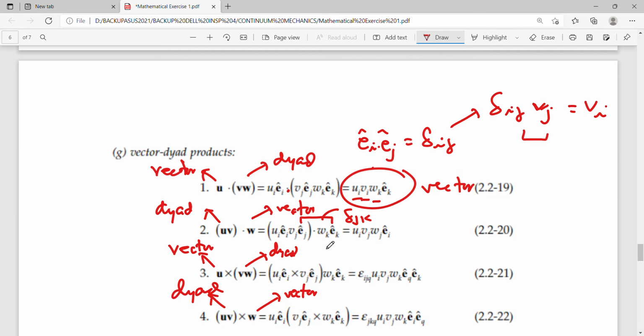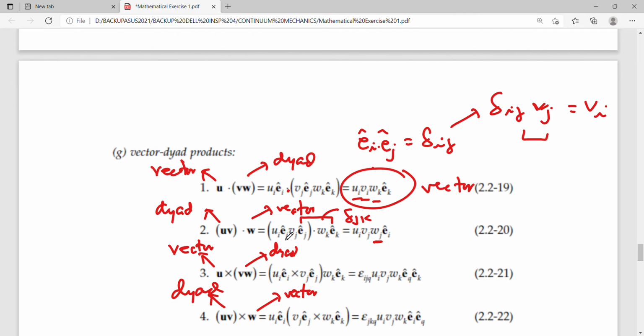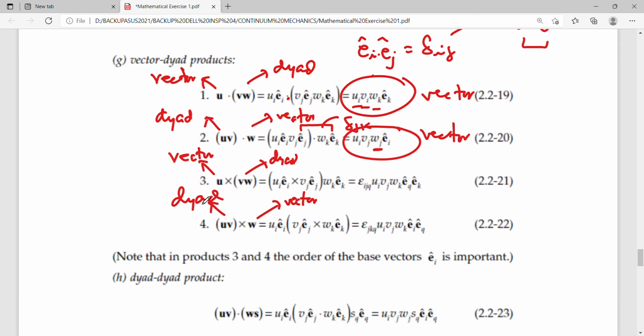So I will now contract K and K, so I have a WJ there. And I retain UI VJ, and then this is the EI that is actually present here in the direction of UI. So this is again a vector. Okay. How about the third one?